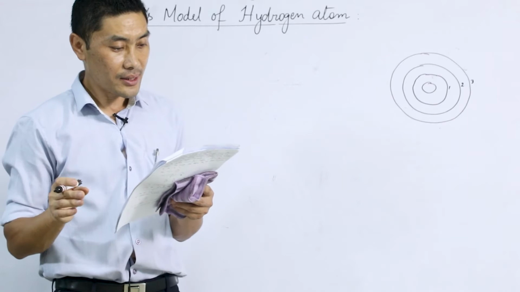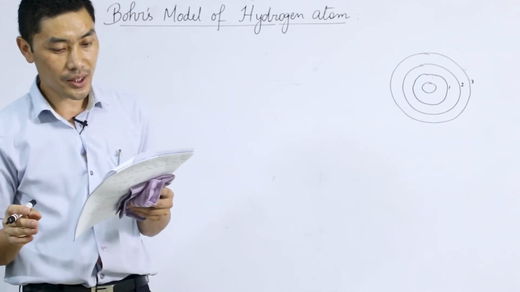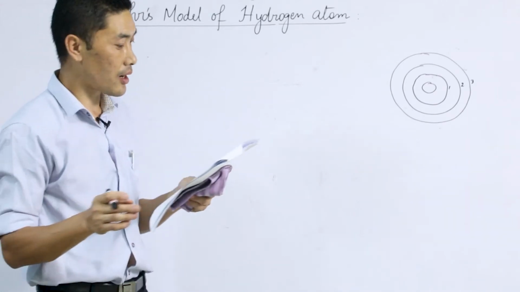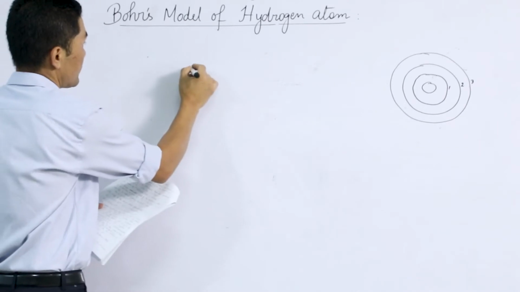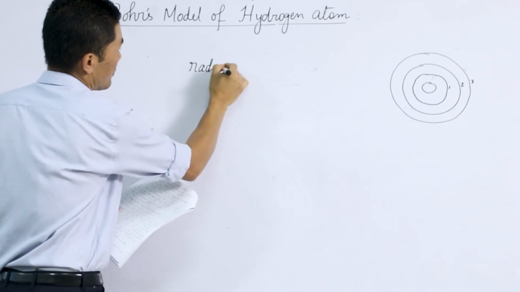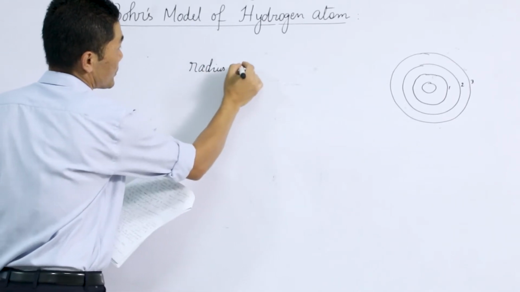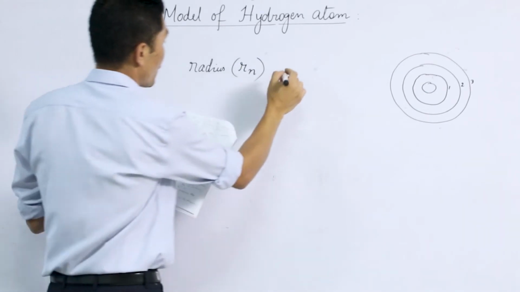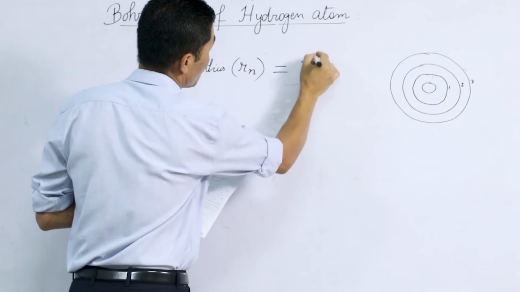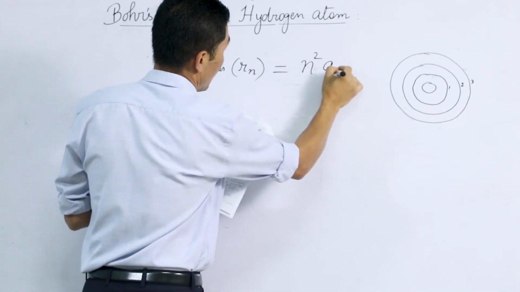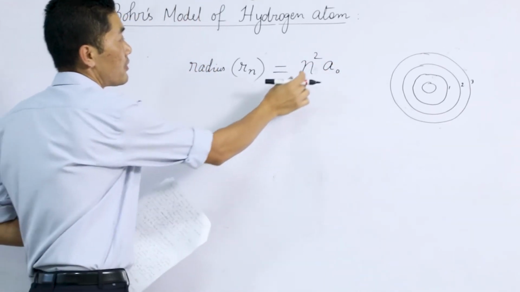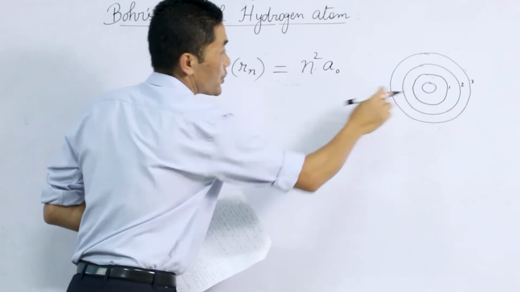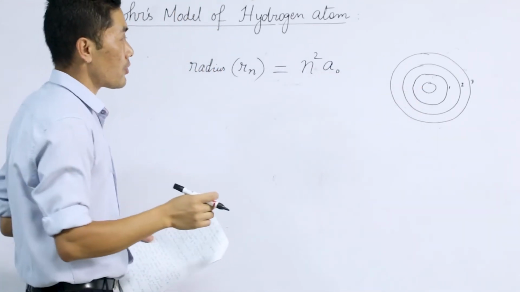The second point is that the radii of the stationary states are expressed as Rn. The radius of any stationary state represented by Rn is given by n squared into a naught. Now n here stands for the orbit number.